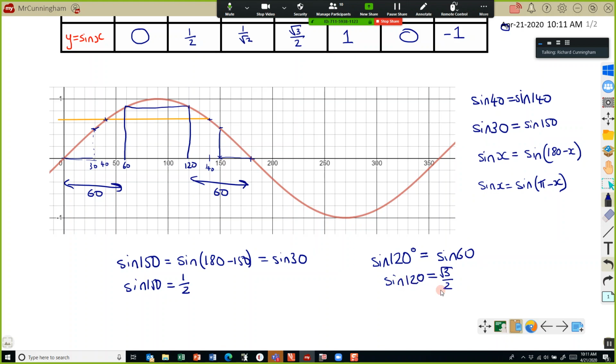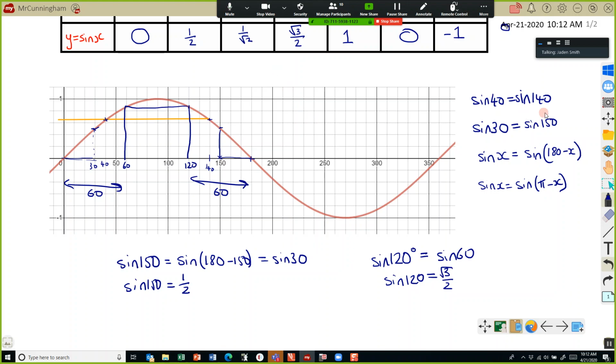Does that kind of make sense? It's kind of a strange thing to get your head around. But how are we finding it? No, we don't.